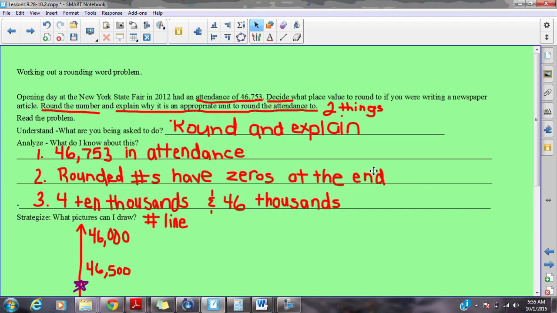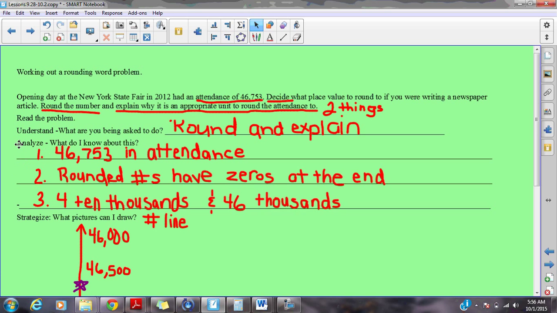You could pick any fact that will help you solve this about rounding. You could say, I know that there is a beginning number and an ending number. I know that I need to use a number line. You could use anything that you know about rounding that you've been taught. So it doesn't have to be this statement, but something about rounding.